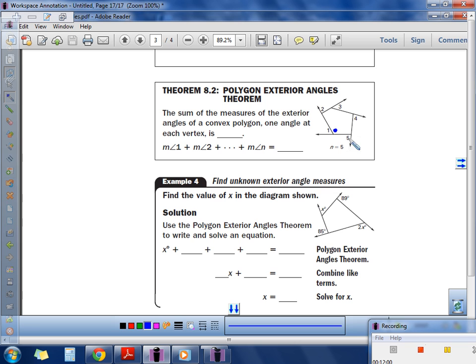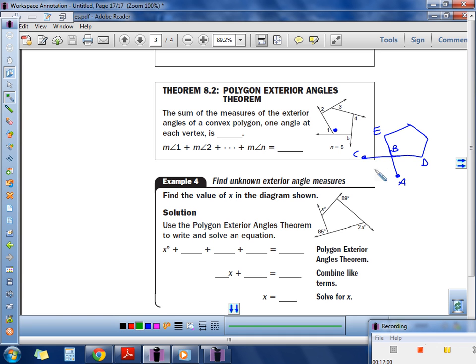That's a good thing. Sometimes it'll give you a picture like this, though. And they will have this drawn. And if I say these letters, if I drew that picture and I gave you this question, name me an exterior angle.